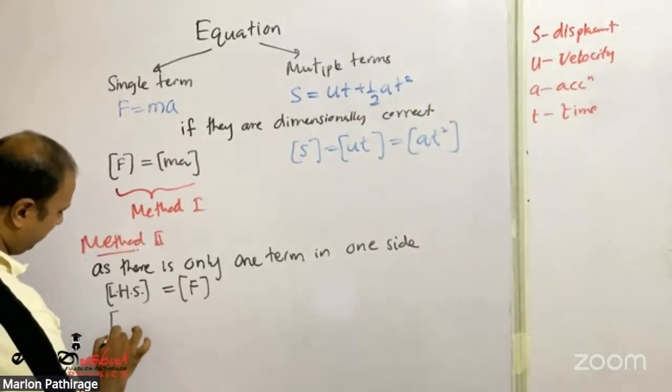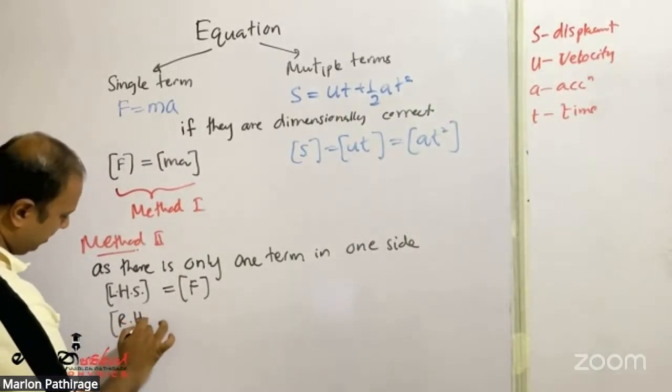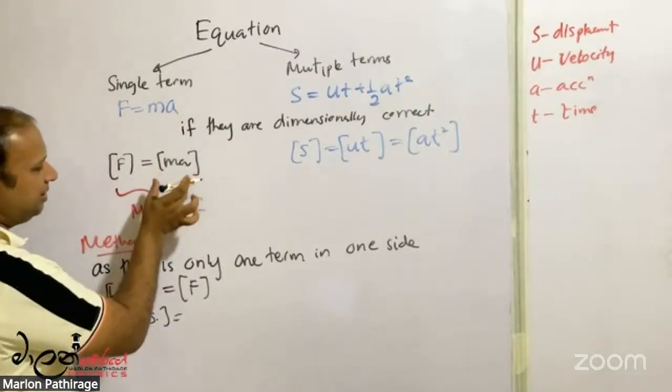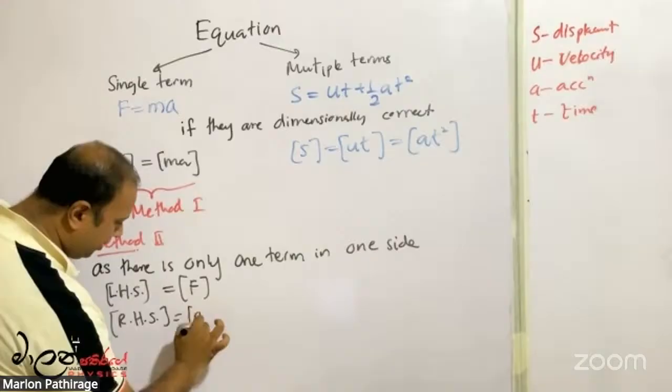And the dimension of the right hand side: in the right hand side, there's only one term, that is M a.